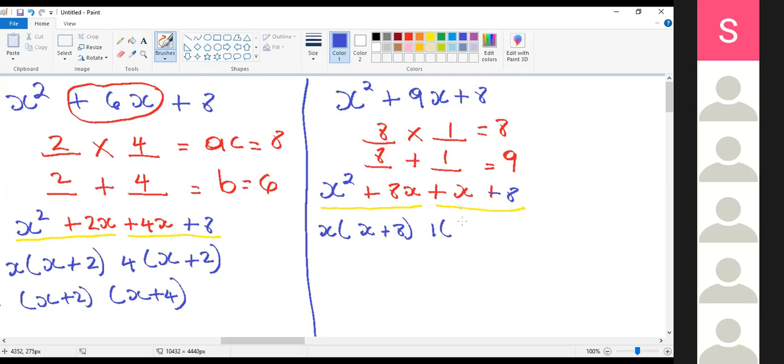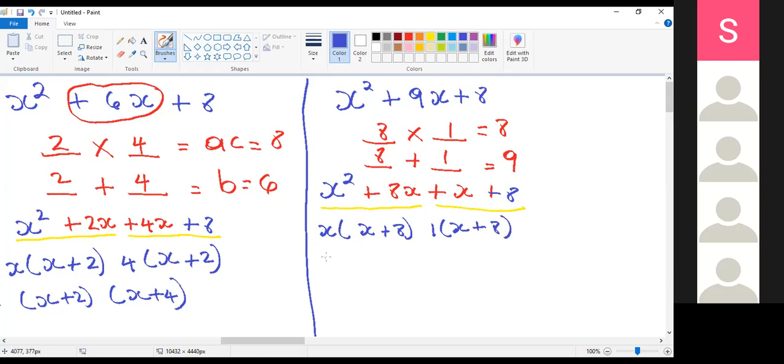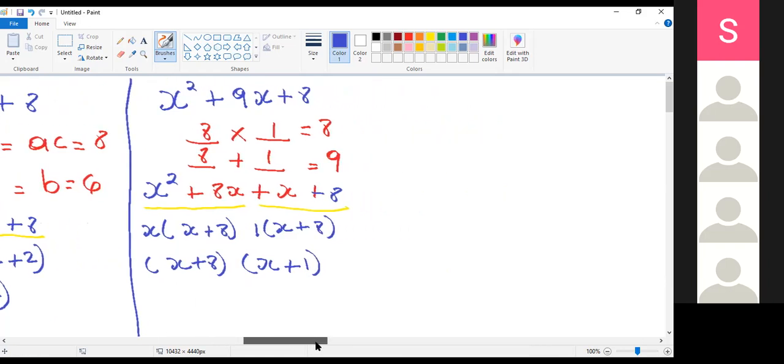So 1 into x, x. 1 into 8, plus 8. All right. And then x plus 8 in one bracket, and then x plus 1 in another bracket. Easy enough, yes? Yes, very easy.